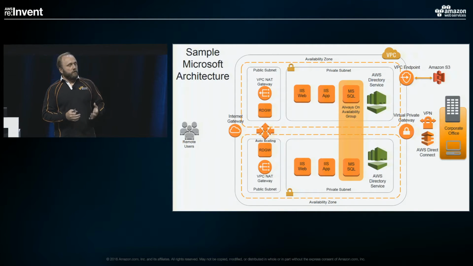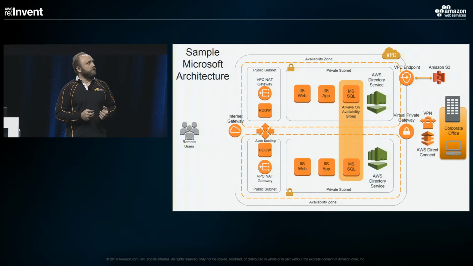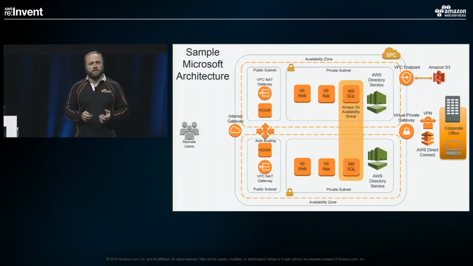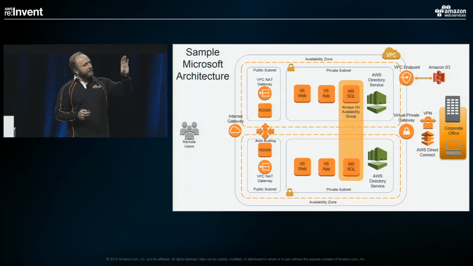That also provides sufficient availability for most DR scenarios, specifically for Microsoft workloads, as well as Linux type workloads. What we keep traditionally in the public subnet is a remote desktop gateway, and then we have the NAT gateway or the NAT servers that are doing network translation for the internal servers to pull updates when they need it. And then the private subnet is not exposed to the internet in any way.